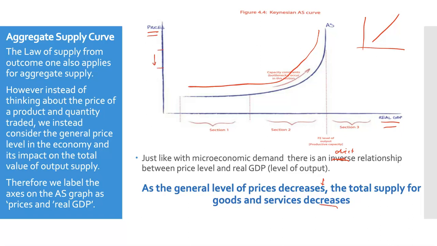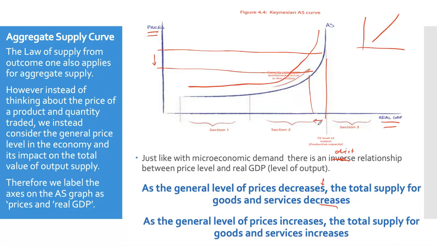And we can see that here if we go from this point to that point, we are having a reduction in the amount that's being supplied. As the general level of prices increases, we are going to have an increase in the total amount supplied.